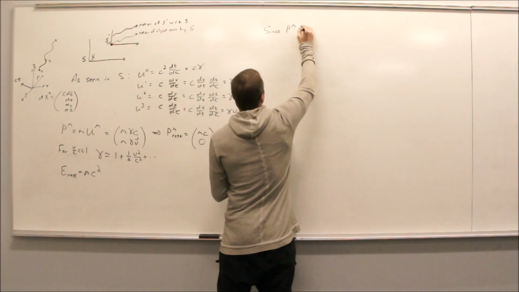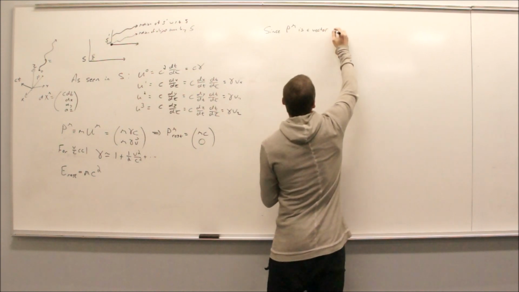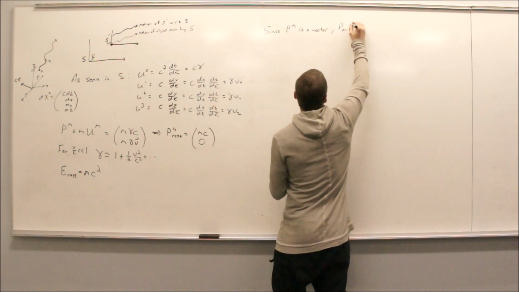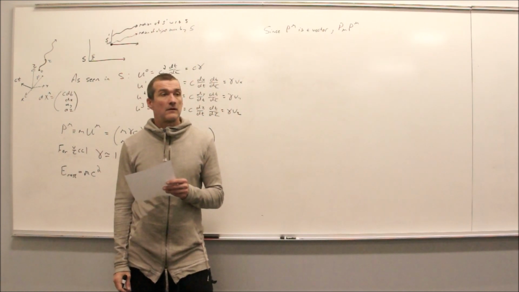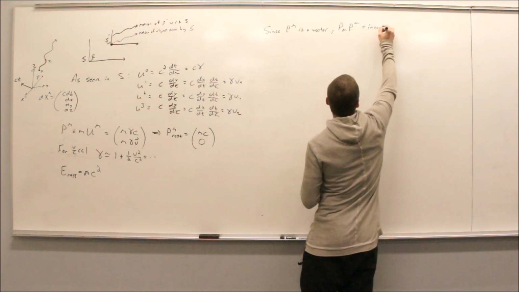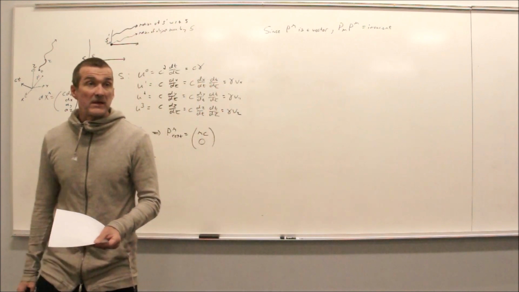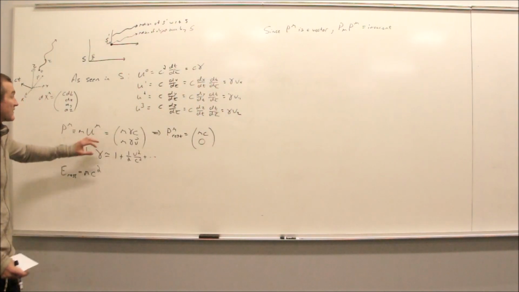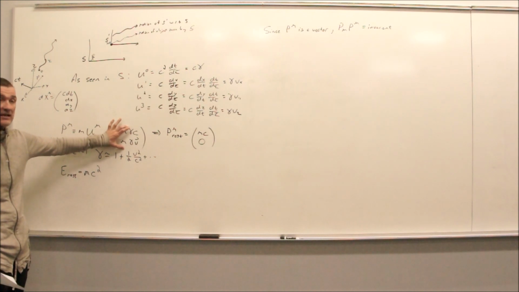Since P upper mu is a vector, what is P lower mu, P upper mu? It's a scalar, or an invariant. P lower mu is the dual to P upper mu. Notice, we define P upper mu with these things. That's the definition.